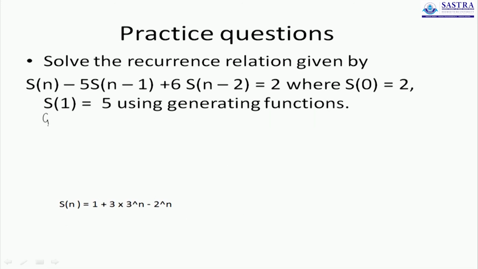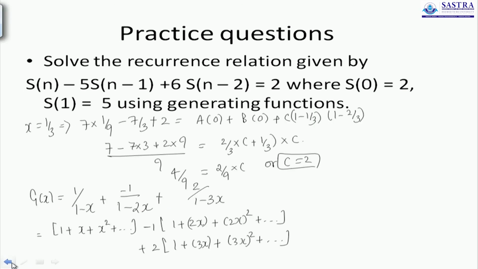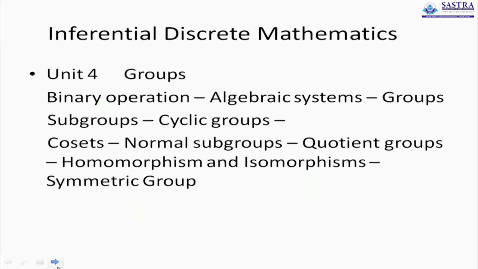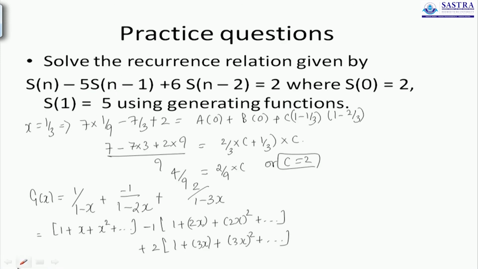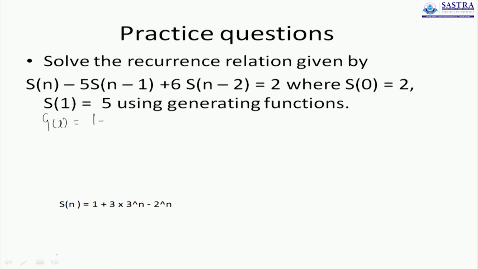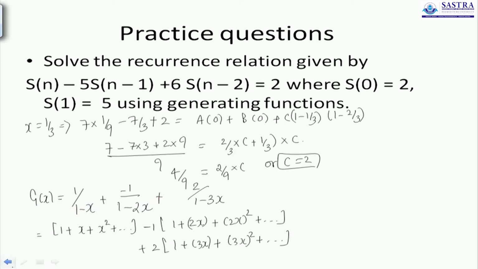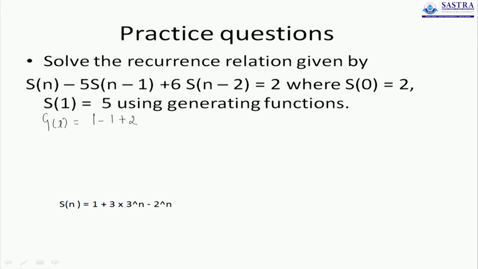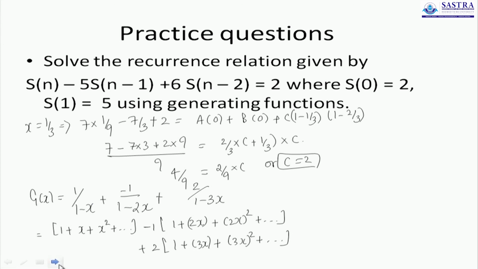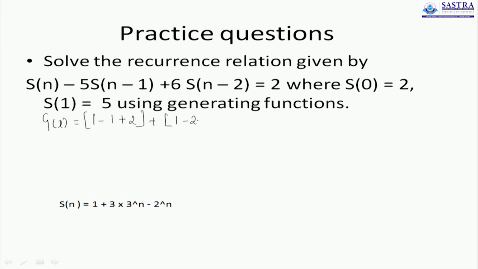Therefore the generating function, which is going to return all the coefficients, can be obtained by grouping the constants first and the x terms first, the x squared terms next. So we will have 1 minus 1 plus 2 as the first term, plus x is 1 again, 1 minus 2 plus 2 times 3, which is this coefficient of x.